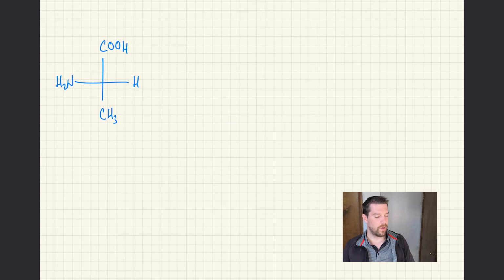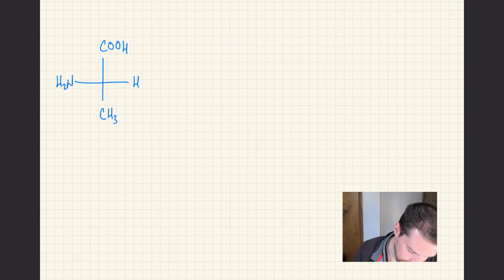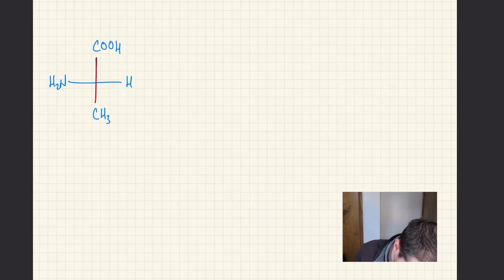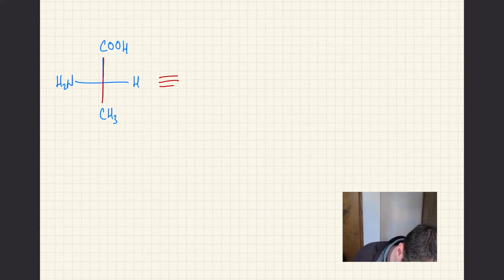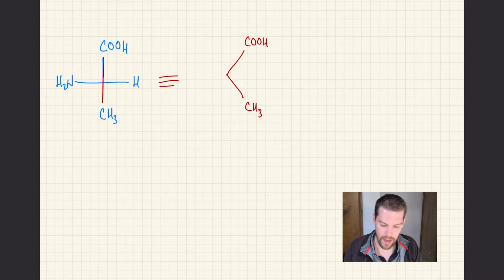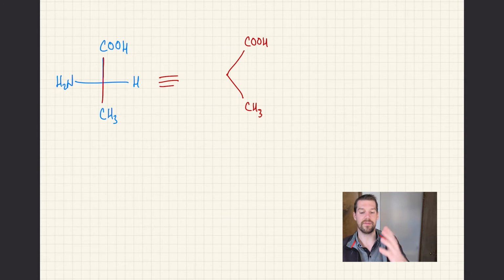Okay, so for the next 2, all we're going to do is take a Fischer projection and convert it into a perspective. And so here we have our backbone. Now I know right away that my backbone looks like this. I'm just going to go ahead and put my top and bottom right on it. Now I swung this to the left.